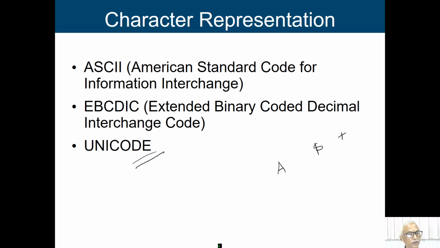Like that, Unicode gives a unique code for each and every symbol of all the possible languages of this world. So, with the help of Unicode, we can now represent most of the information. So, this is the representation of our characters.